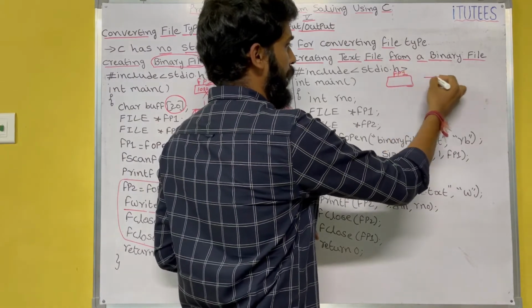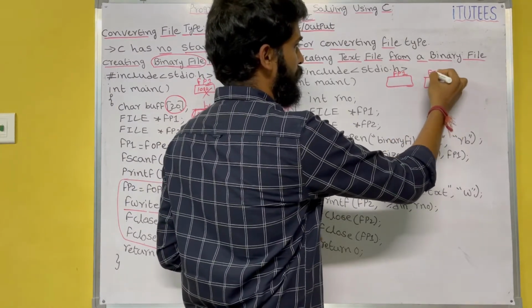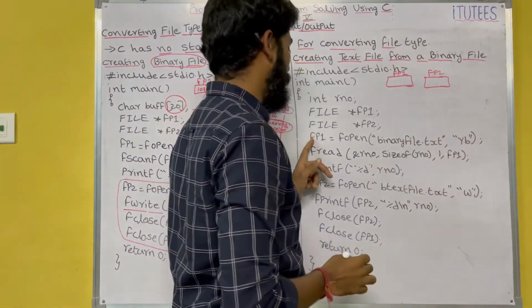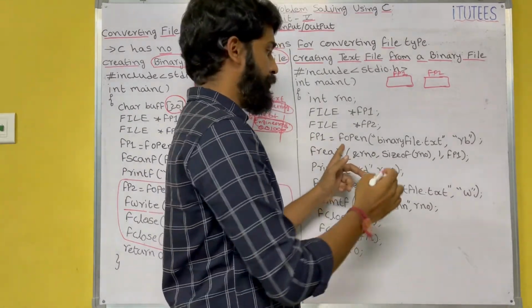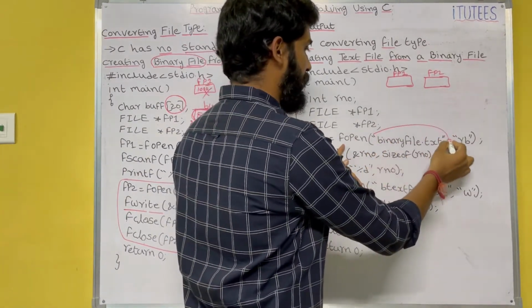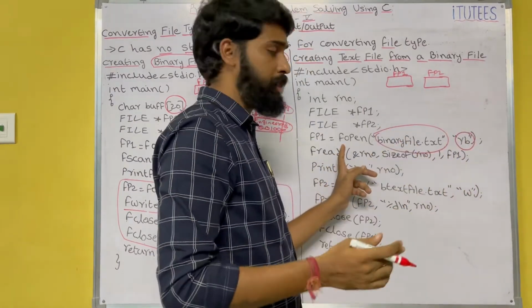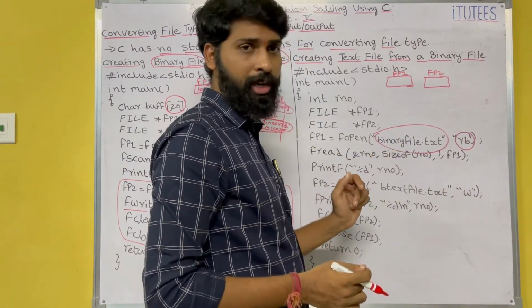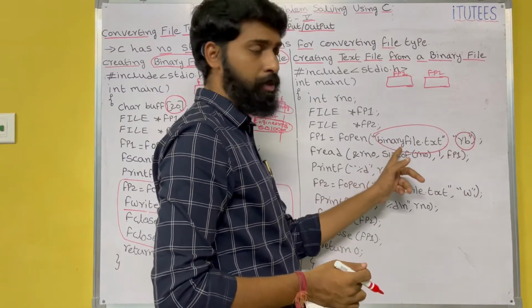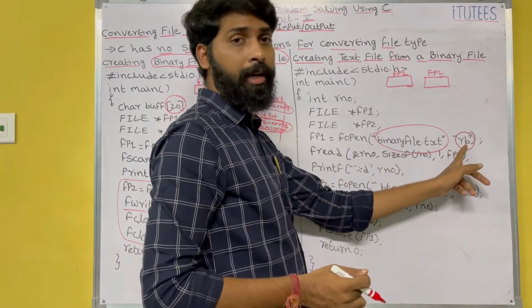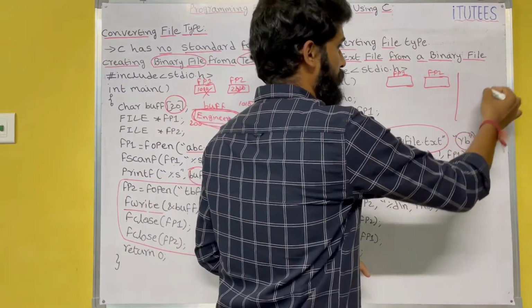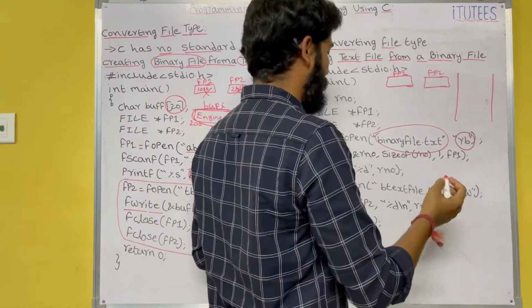One is fp1, another one is fp2. So fp1 equals fopen("binaryfile.txt", "rb"). That means in the hard disk there is a file, binaryfile.txt, and I open that file in read mode. Let us assume this is the RAM, primary memory.